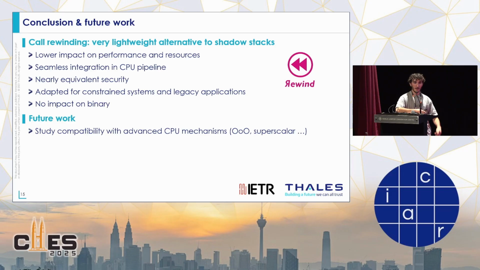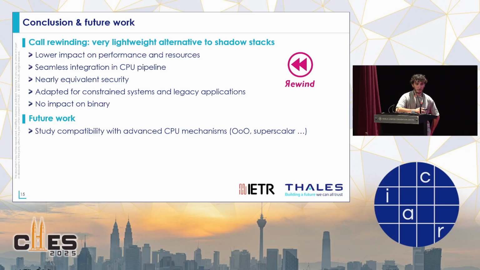We have a few remaining gadgets, and we were able to determine that we eliminate 99% of them. And it's adapted for legacy applications. We don't need to analyze the binary before executing them on the platform.